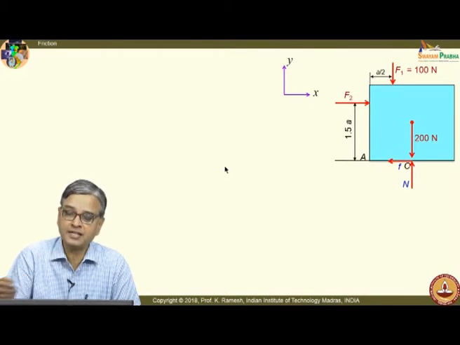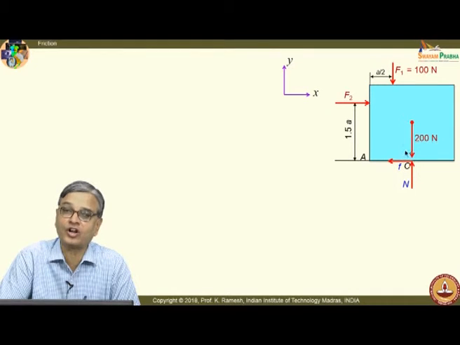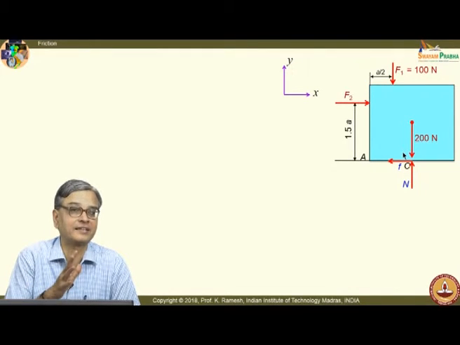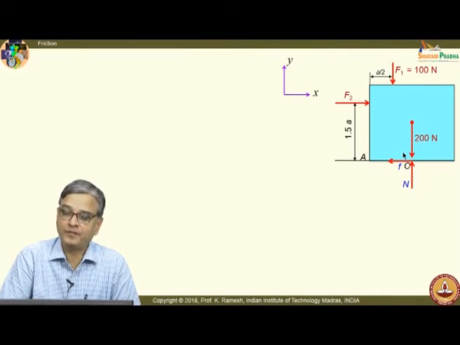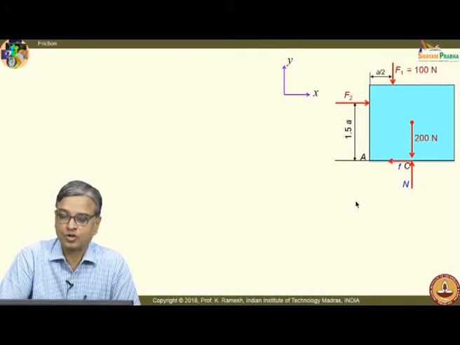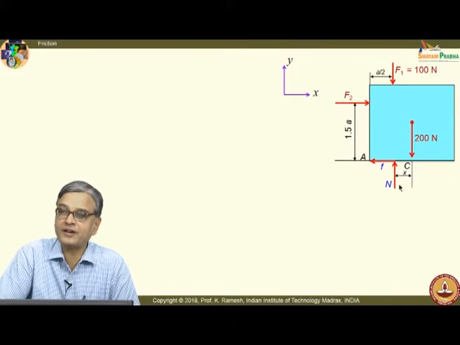And if you start the problem by putting it through the centroid, it clouds your thinking. So, it is always a good practice to put the normal reaction at a distance slightly away, whose distance you have to determine as part of your mathematics. This is always a good practice to do that.